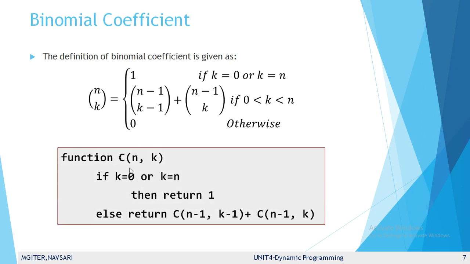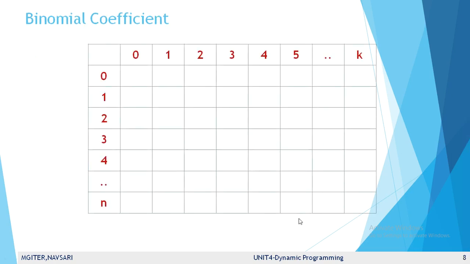Now here we write the function for the binomial coefficient C of n, k. When k equals 0 or k equals n, then return 1. Otherwise it returns C of n minus 1, k minus 1 plus C of n minus 1, k.